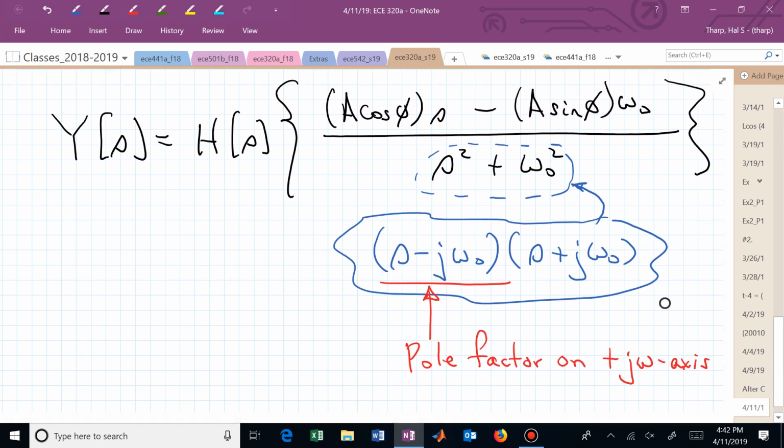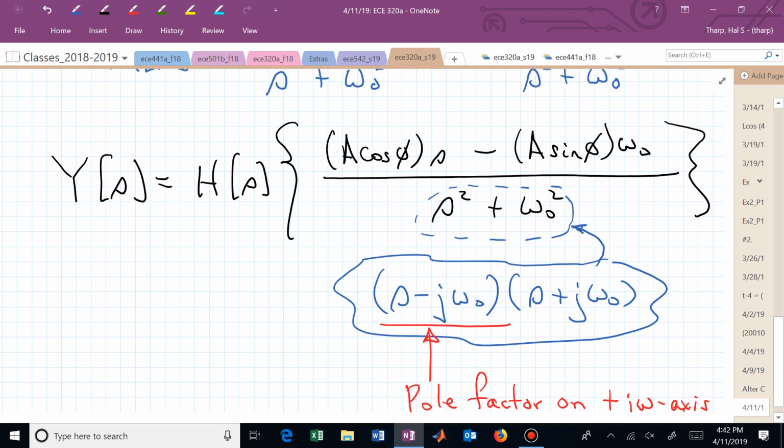And if we now wanted to do the partial fraction expansion of this right-hand side, do you see that we're going to have denominator terms associated with the capital H of s, and we already have these two factors associated with the excitation, x of t, the cosine that's shifted. But this is now just going to be our sinusoidal piece.